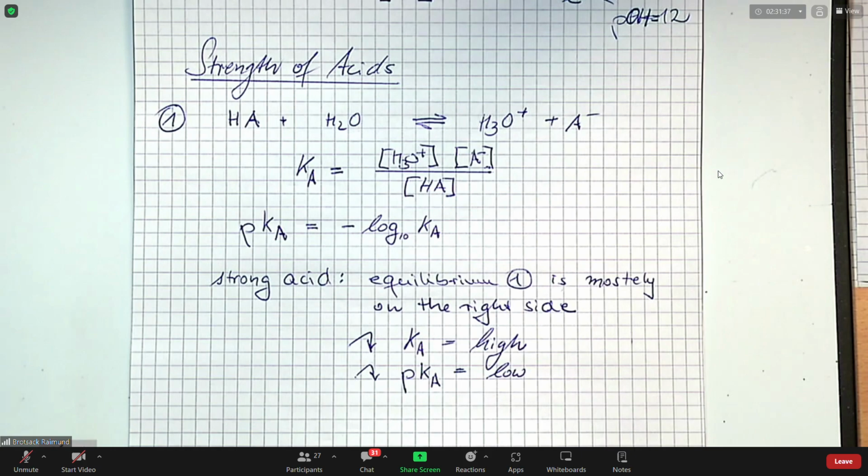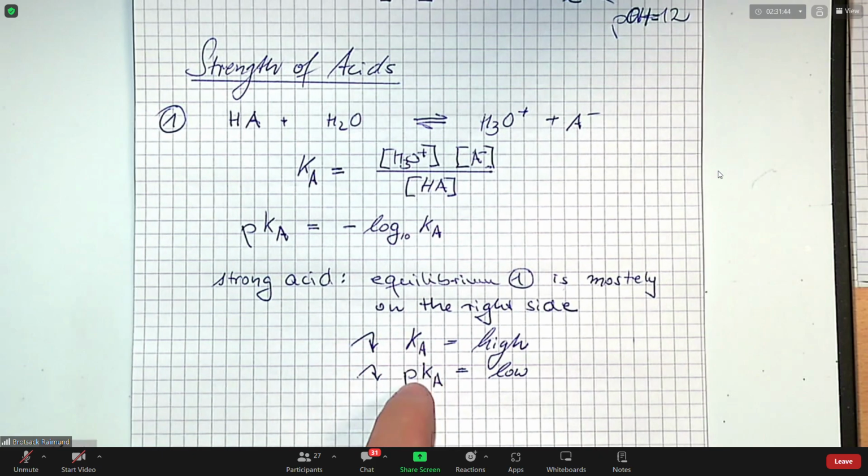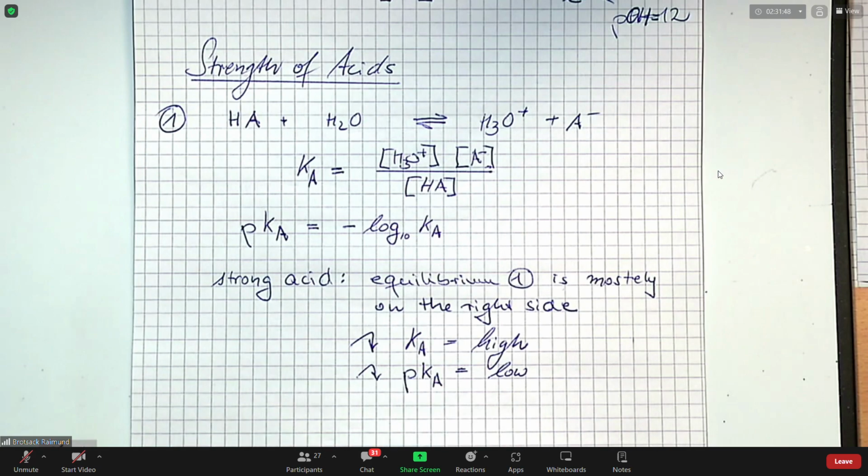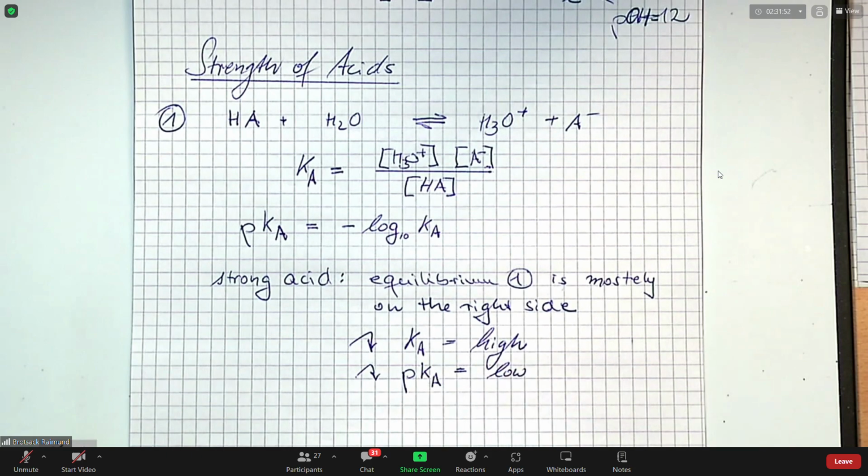Sometimes we find the Ka in the literature, but very often we find the pKa values. Then we have to think about what it means. Ka high, strong acid, but pKa low, strong acid.